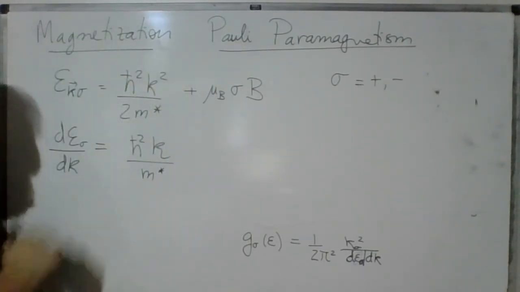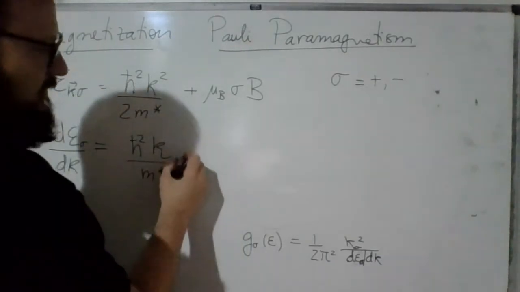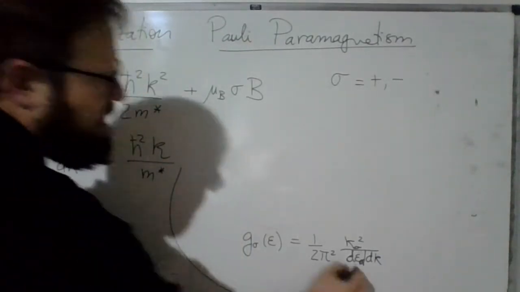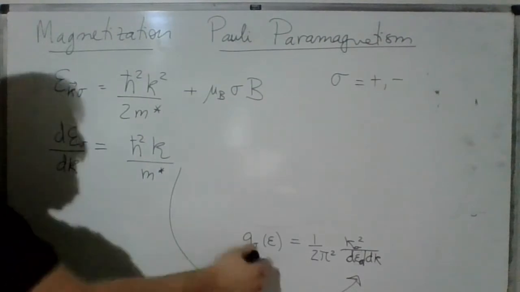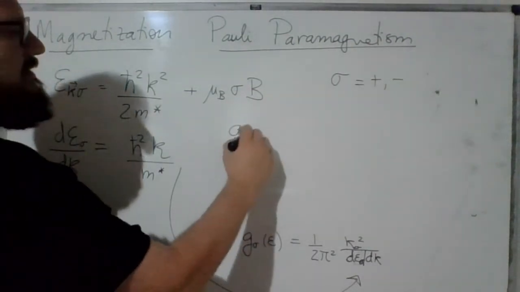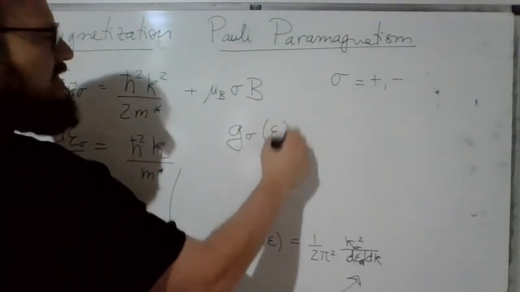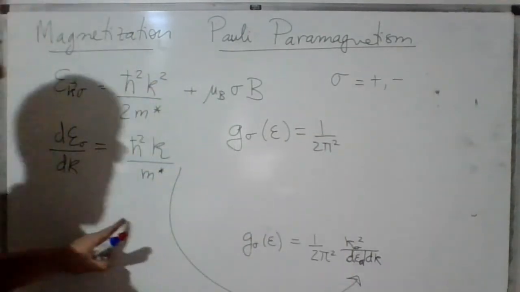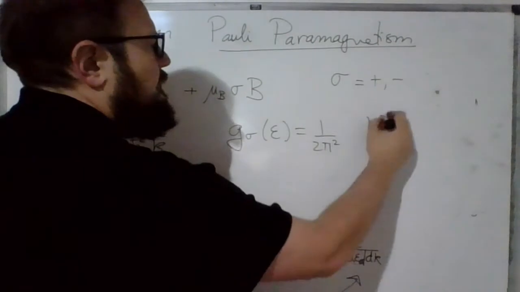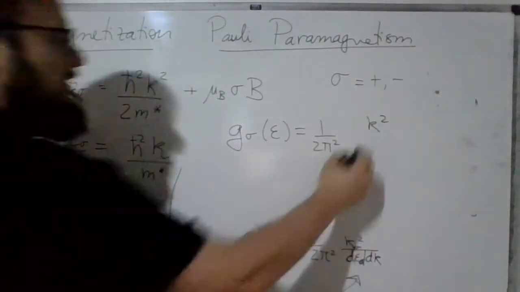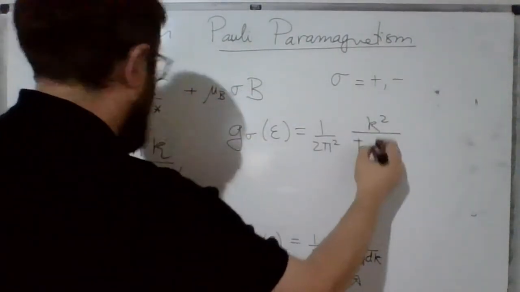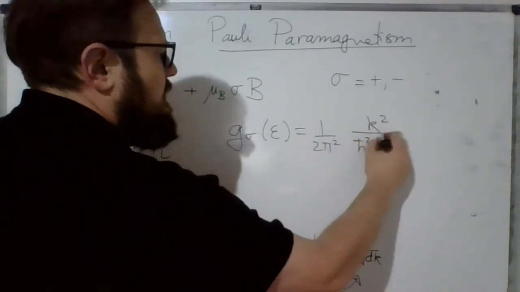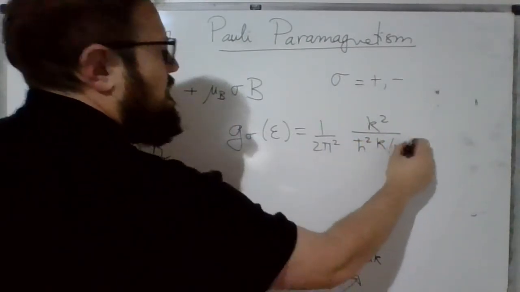So for 3 dimensions, when we replace the derivative into the density of states, we find that the density of states given the energy corresponds to 1 over 2 pi squared k squared divided by h bar squared k over m.